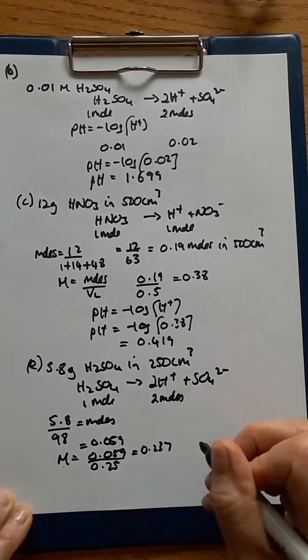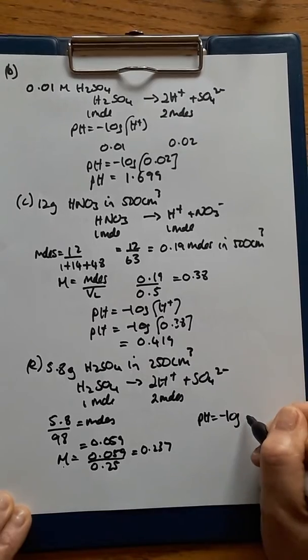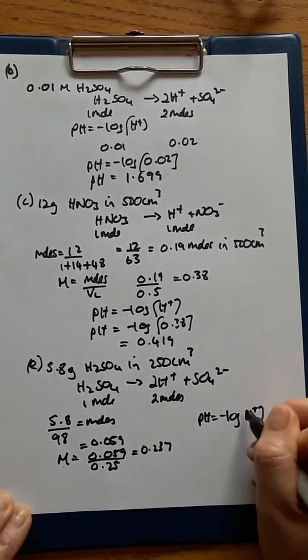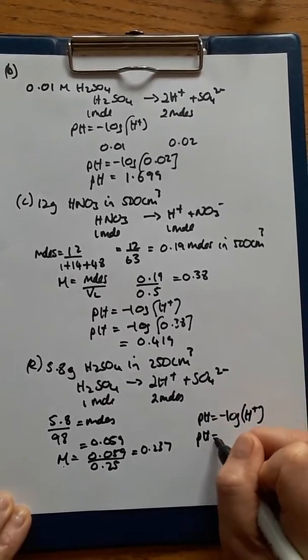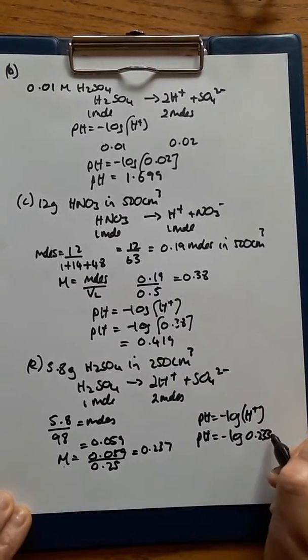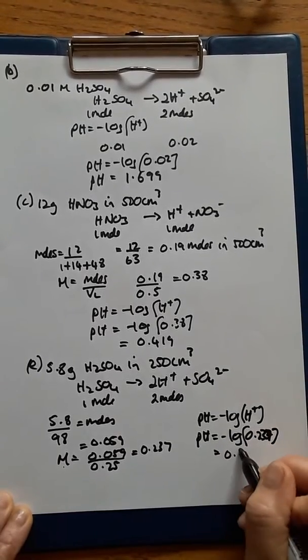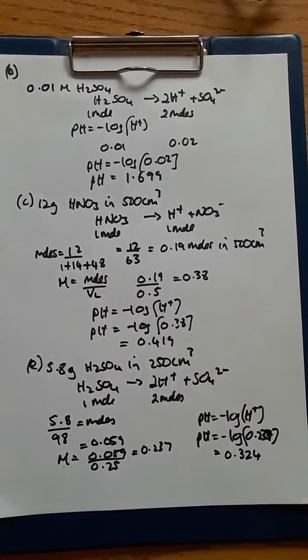So the pH in this particular case then is minus the log of the hydrogen ion concentration, which in this case is minus the log of 0.237. And when I put that into my calculator, I get 0.324. Okay, so that's question 4, different examples.